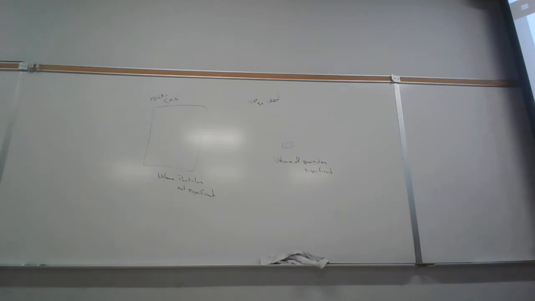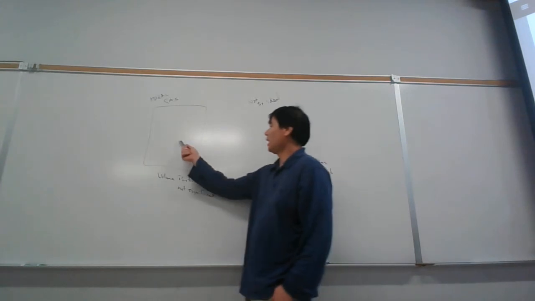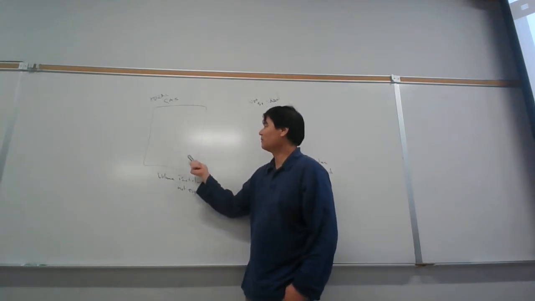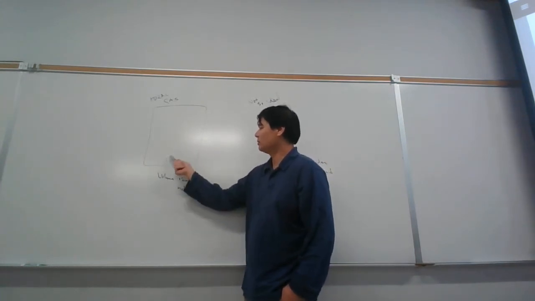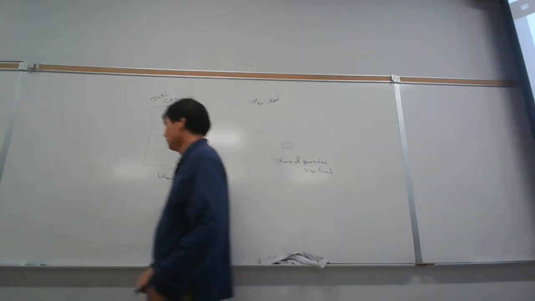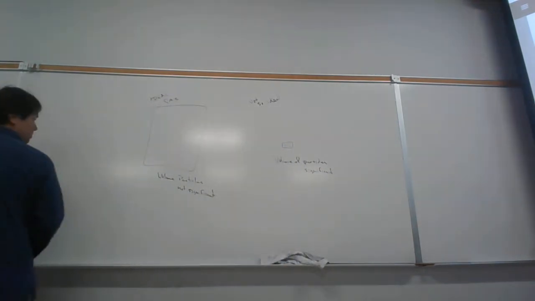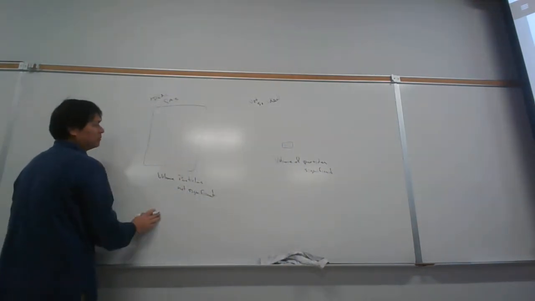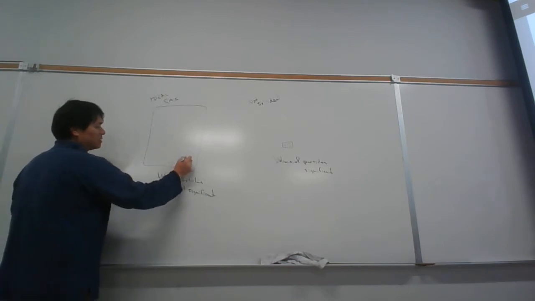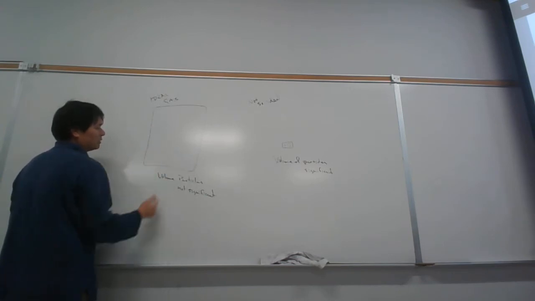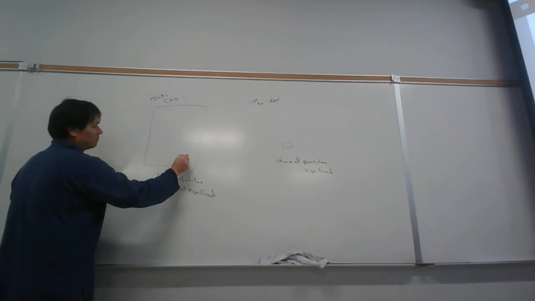Okay, the average kinetic energy of gas molecules is proportional to the temperature. Let's say average. So if this gas were at room temperature, 25 degrees C, all the molecules aren't moving the same speed. Some are moving faster, some are moving slower. And then we're going to just have some kind of average speed that they move.